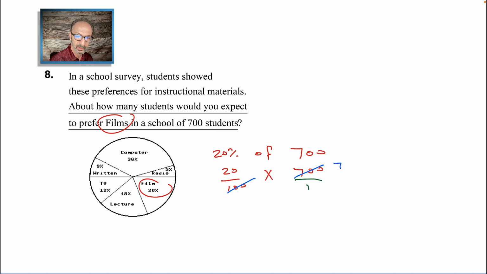So we have 7 times 20, and the answer is 140 students. Next, number 9.